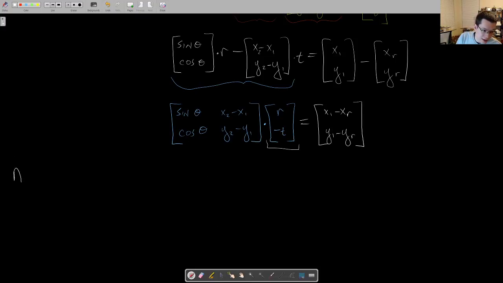A pseudo inverse equals A transpose A, inverse, times A transpose.